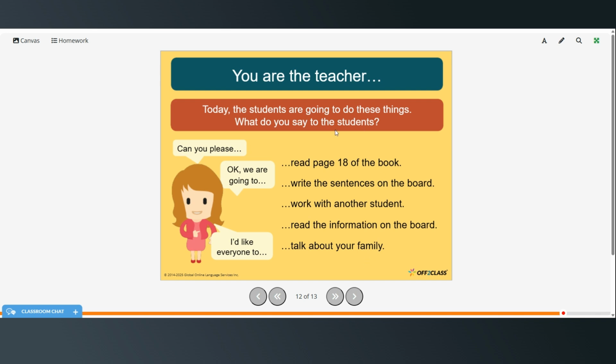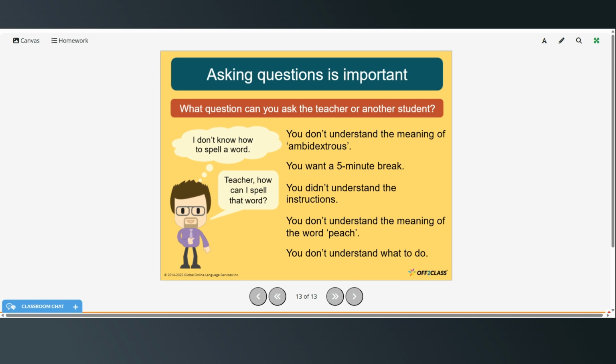And now this time, you're going to pretend that you're the teacher, and you can use some of these sentence starters to make sentences about what the students should do. And here, for each of these situations, you need to come up with a question to ask.